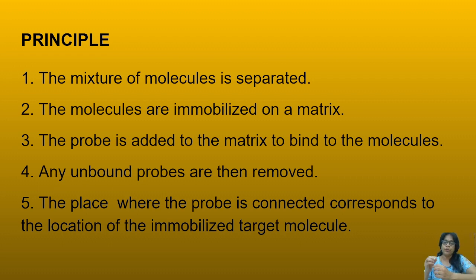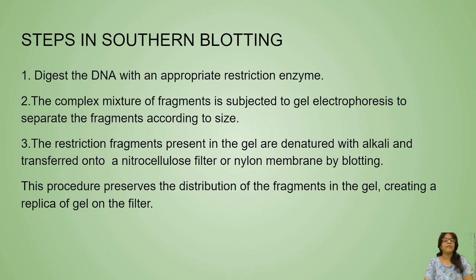The probe should be labeled with an enzyme or a radiolabeled substance attached to the target DNA molecule. The remaining unbound probes are removed later on. The bound one can then go for chemiluminescence, where you can see the darker bands of your target. Steps involved: digest the DNA with an appropriate restriction enzyme.